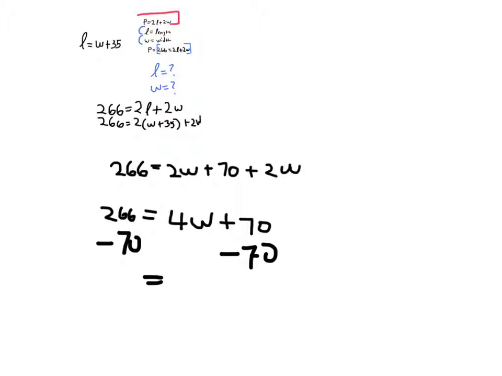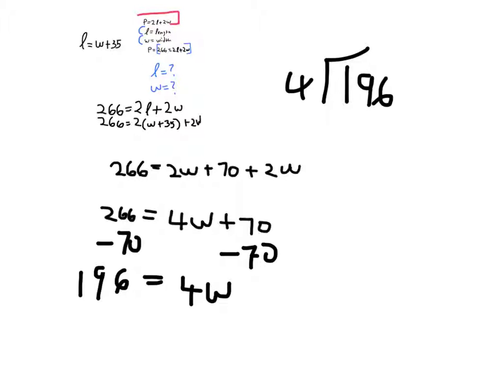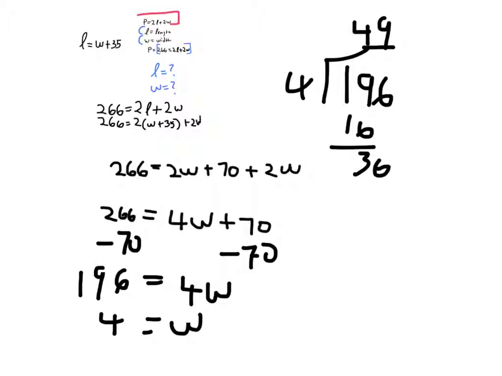And we would end up with, let's see, 196 equals 4W, and then 196 divided by 4 would give us 49. So W equals 49. So great.